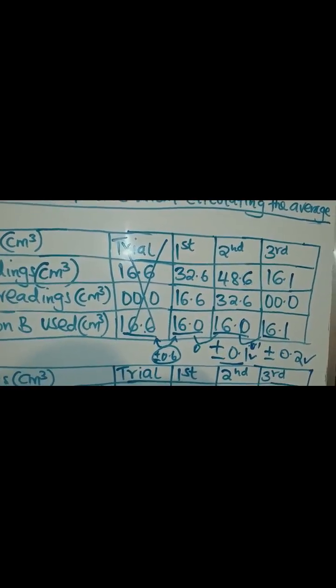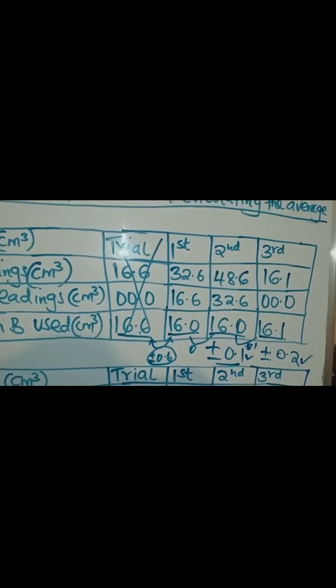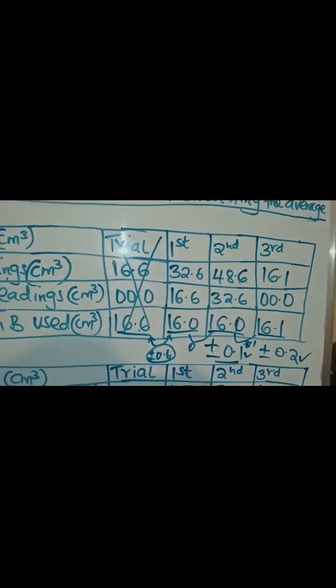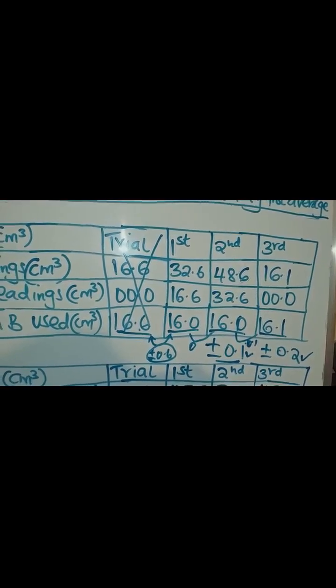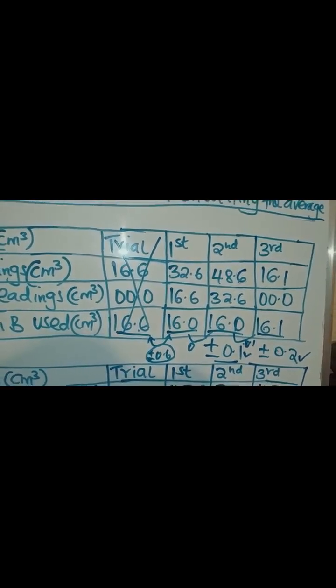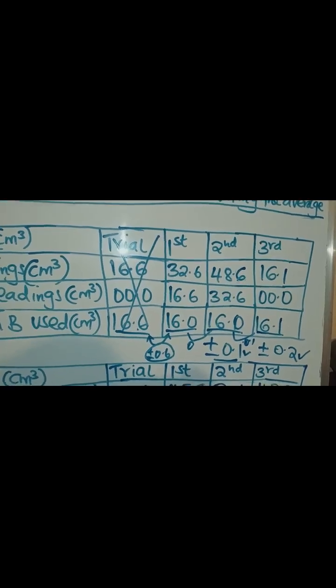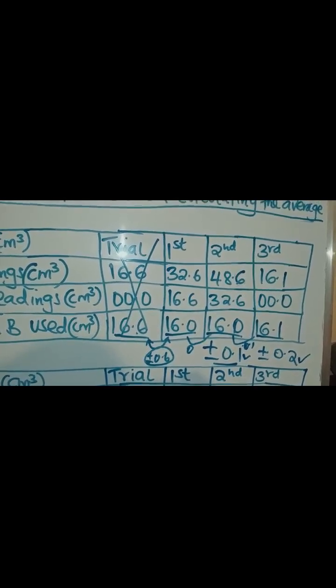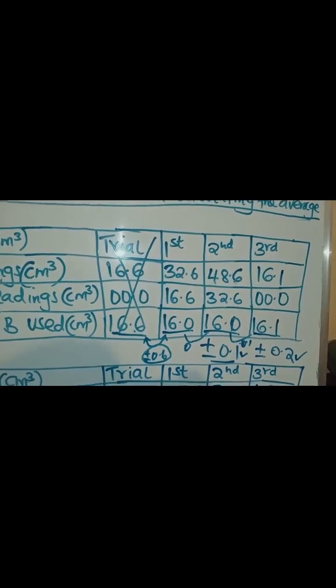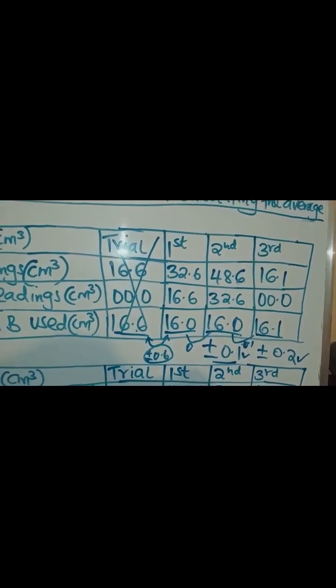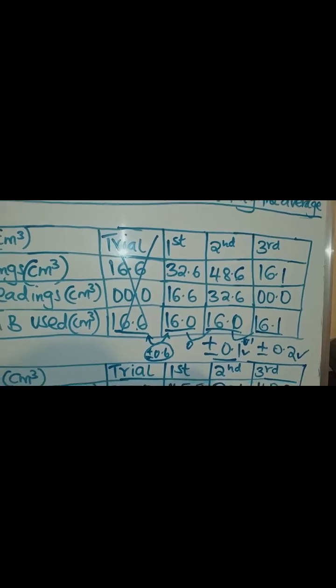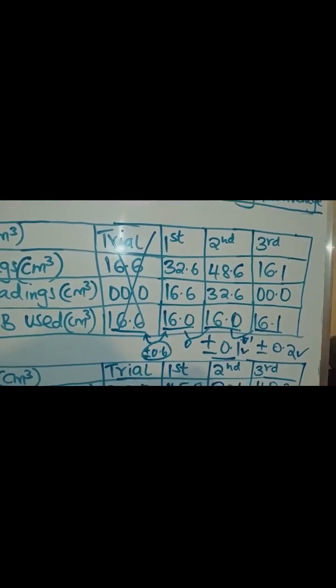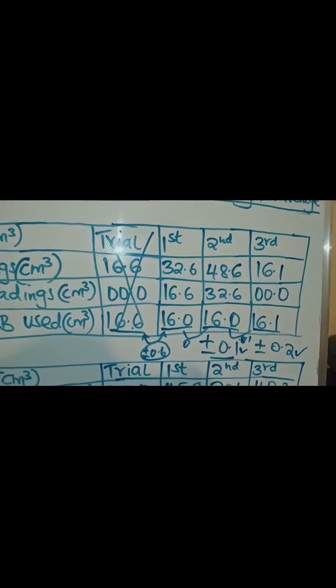If only 2 values met the difference that is required, then you could only take the 2 values, but this time round you divide by 2. So if you use 3 values, you divide by 3. If you use 2 values, you divide by 2.